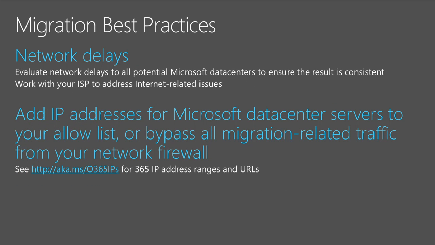Network delays, again, any delays between your infrastructure and the Microsoft data center could be a huge problem for you as well. That's another thing that you want to look for. And make sure that your firewalls or your routers or anything that you're using to restrict traffic allows full and unfettered access to all the Office 365 IP addresses and URLs. And again, we do publish a list of it, which you can get at that link.